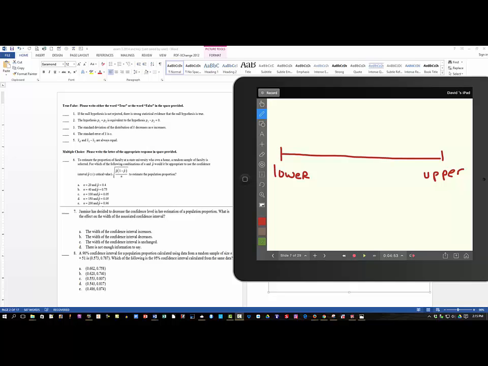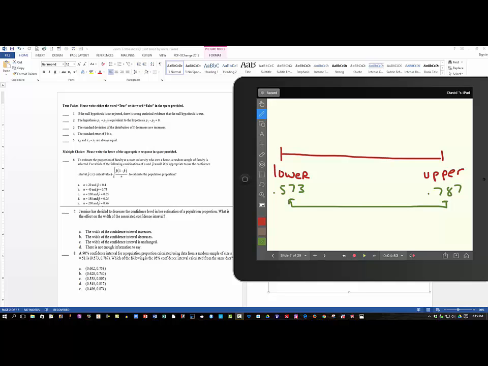We have a lower and an upper range to the 90% confidence interval, and that goes from 0.573 to 0.787. So if we want to get the width of the entire interval, we're going to take this distance.